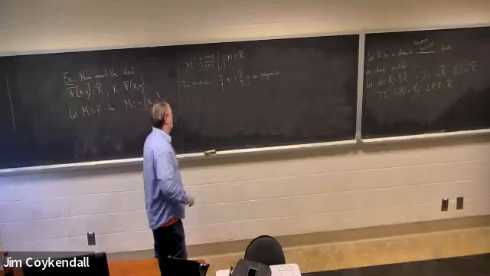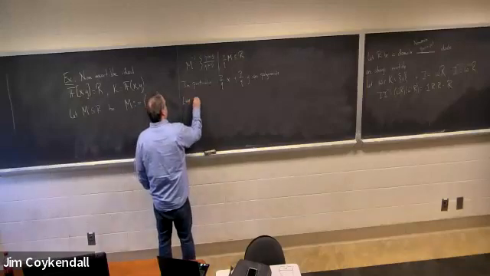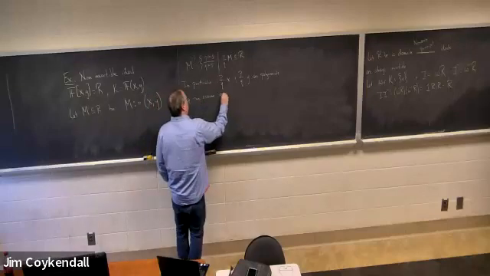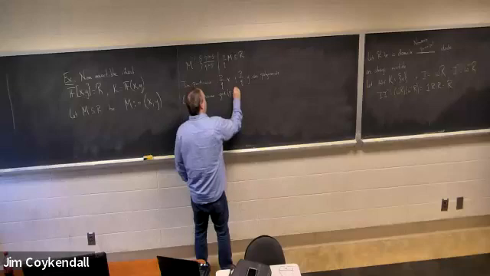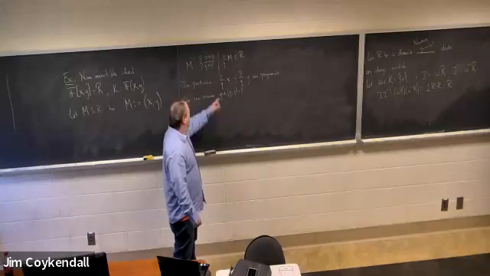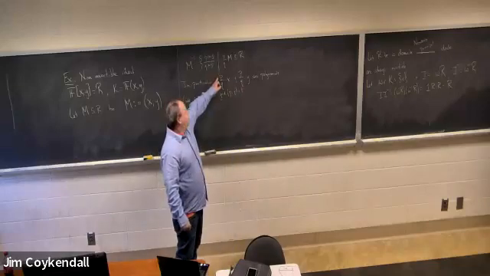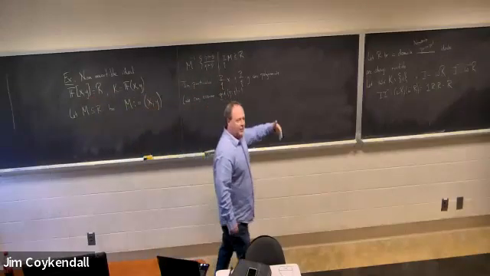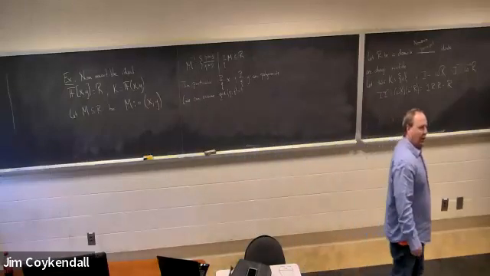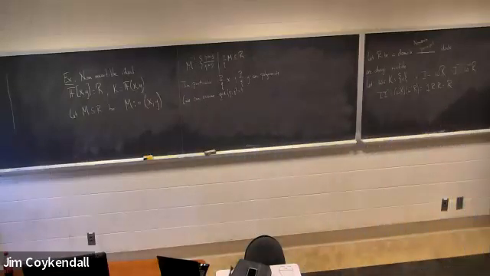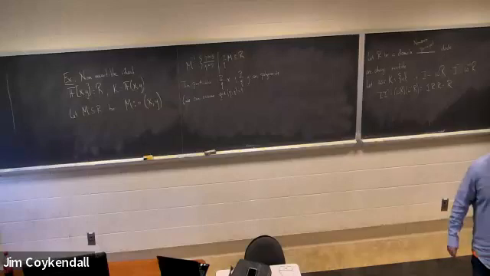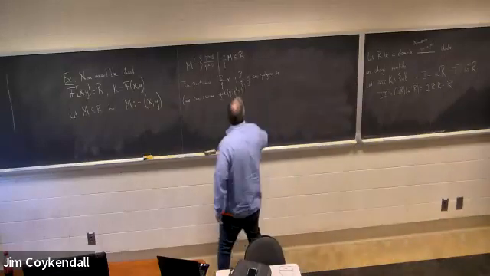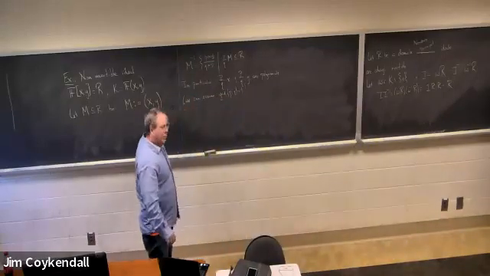Since the polynomial ring here is a unique factorization domain, we can assume that our fraction P over Q is reduced. So we can factor P, we can factor Q, and we cancel everything, so not 4/6 but 2/3. We can cancel stuff out. Okay, so what do we get from this?